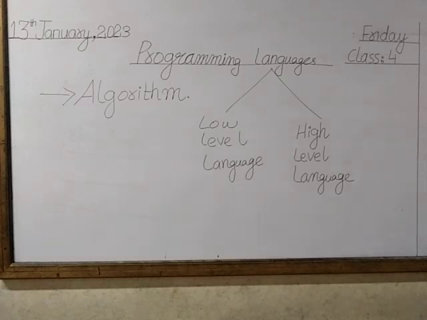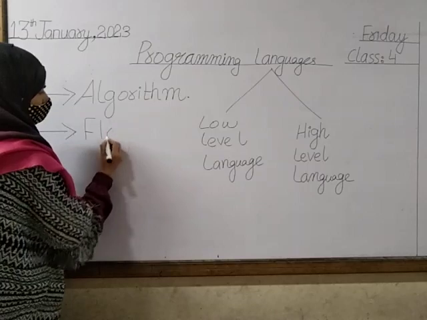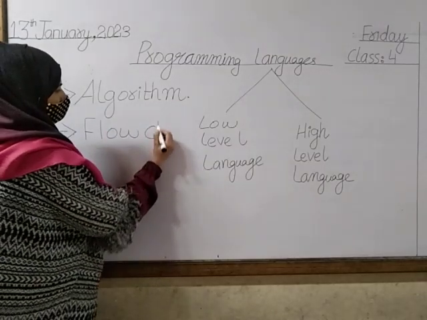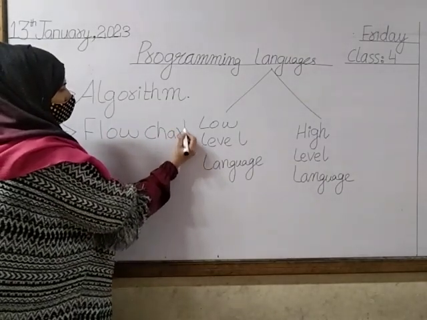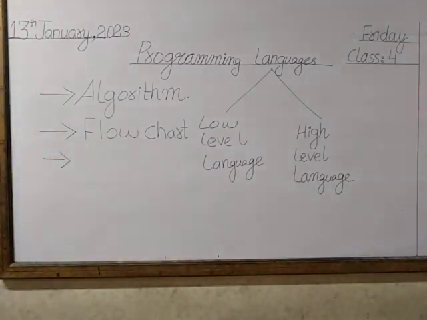Zaha, please tell me what is the second step of programming language? Good. The second step is flowchart. What is the third step? Iman. Yes, the third step is block diagram.